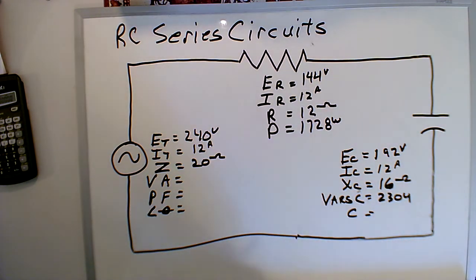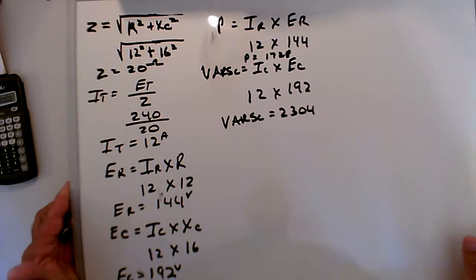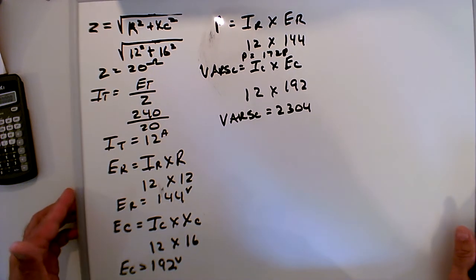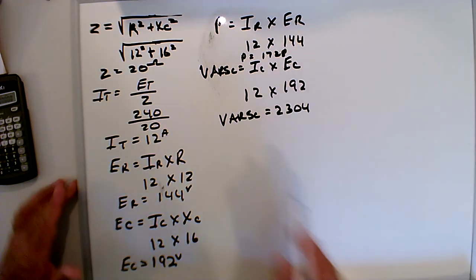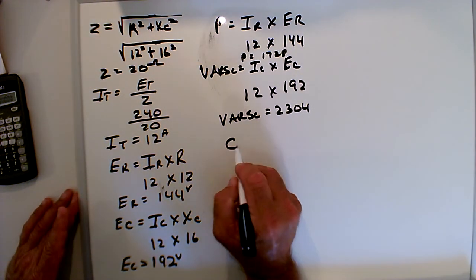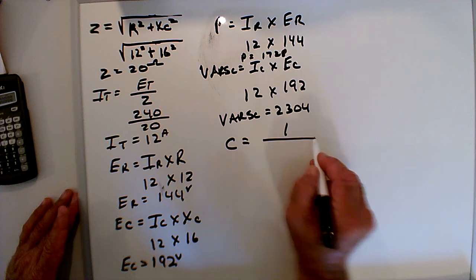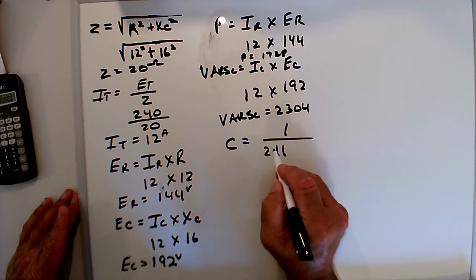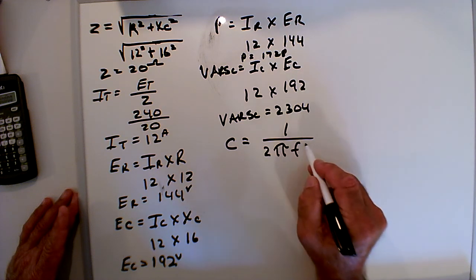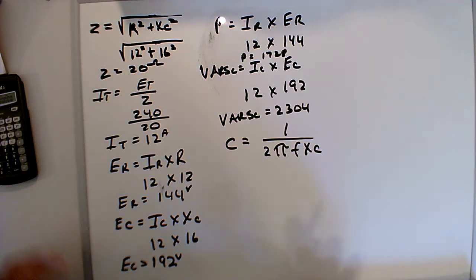Now, if I want to solve for C, I can complete this whole portion. I want to solve for the capacitance of this capacitor, which is a 16 ohm capacitor. I can solve for C by using 1 over 2 pi f XC.